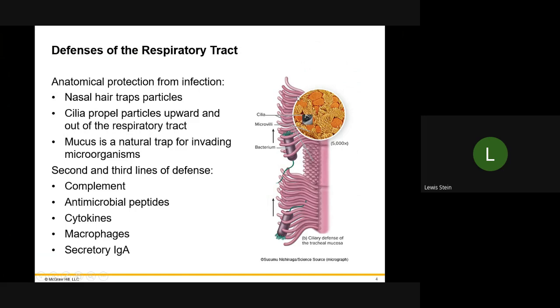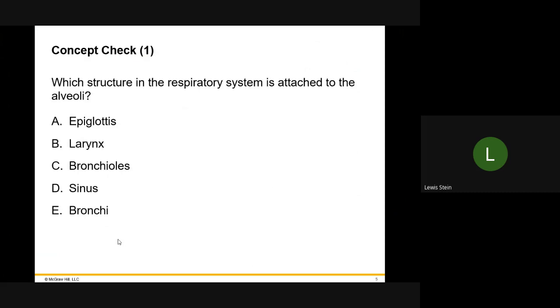There's the mucociliary escalator and all that with regard to your defenses: nasal hair, cilia, mucus, other defensive things, antimicrobials, inherent cytokines, macrophages, good old secretory IgA, the A in MALT, which is a lot of secretions.